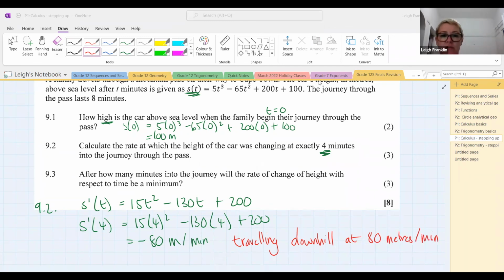Exactly opposite direction. And 9.3, after how many minutes into the journey will the rate of change of height with respect to time be a minimum? Now, what are they asking you to do?